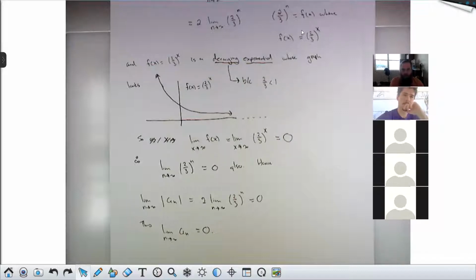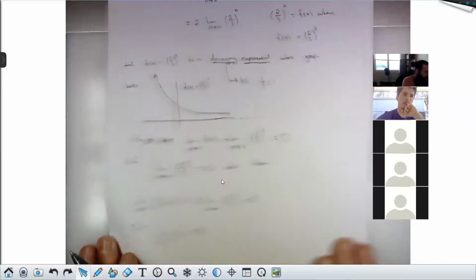Therefore, by my theorem that connects the limit of this function to the limit of this sequence, the limit of the sequence has to be 0. Now I know the limit as n goes to infinity of 2/3 to the n is 0.